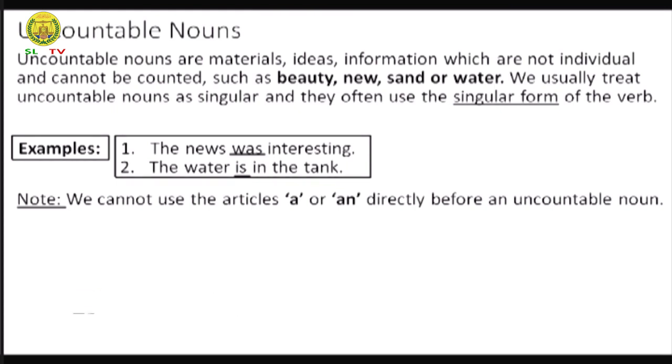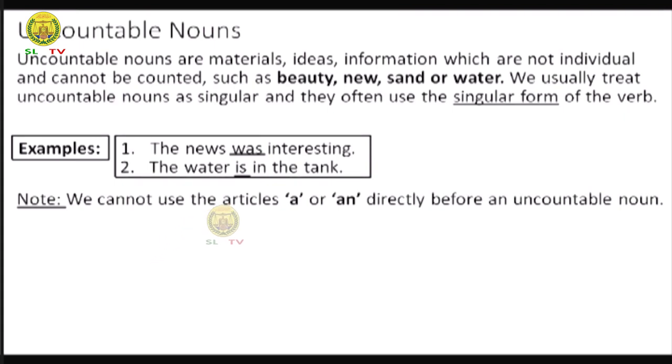Maahin wax individual, wax tirin karaysana maahin, ood count garin kartana maahin. So an example is beauty. Beauty, you cannot say there is beauties. S ma raacin kartid, beauties ma oran kartid.